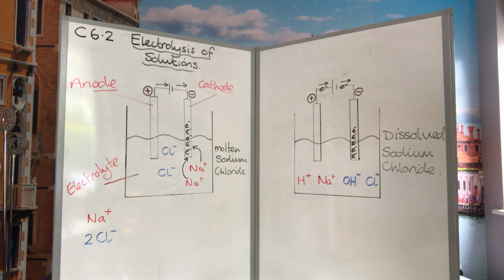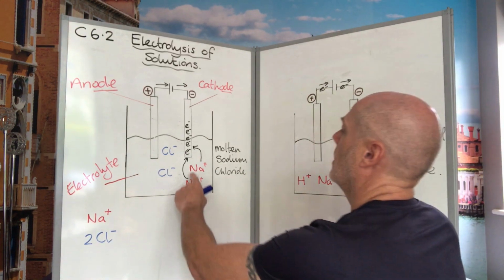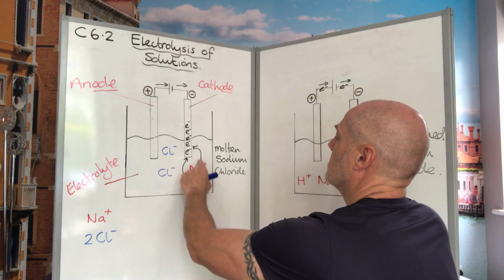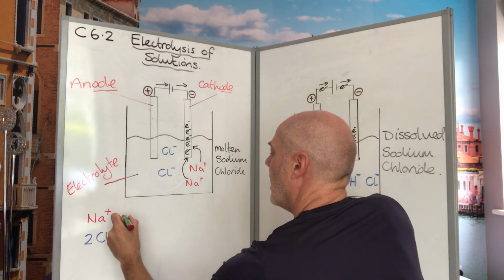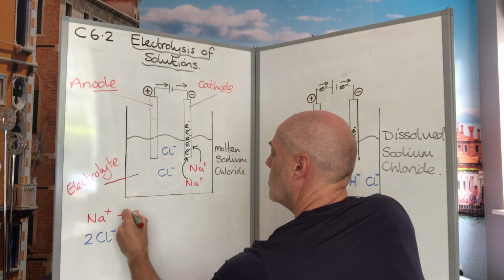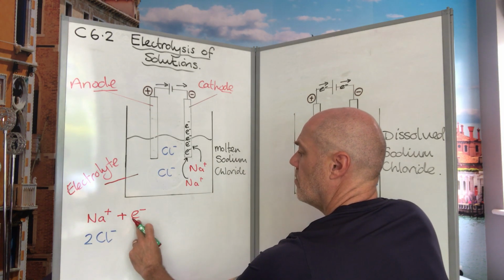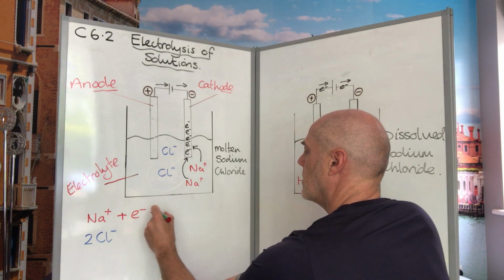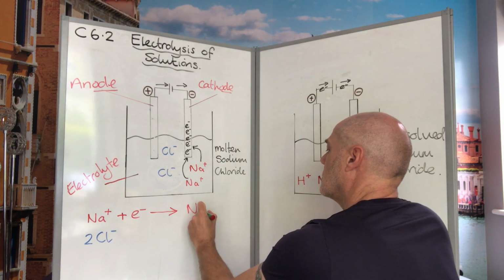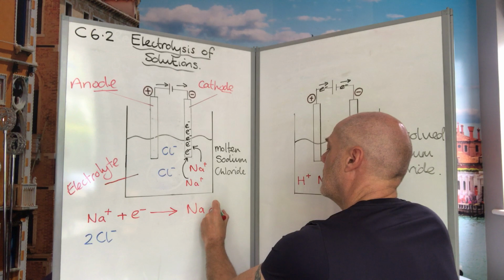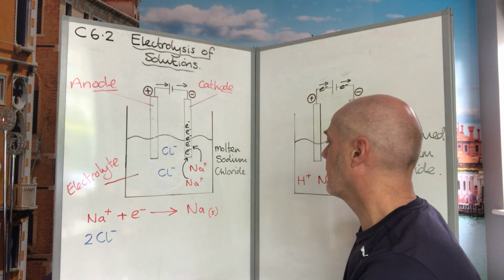Now when they get there, they pick up an electron, one each. And we can write that in an equation. So each sodium ion picks up one electron, and it forms sodium solid. So it's solid sodium metal.